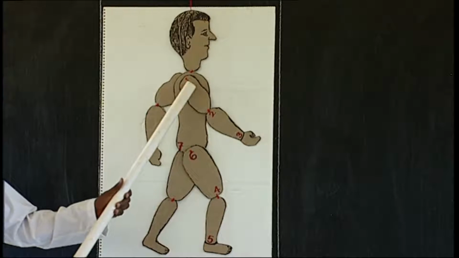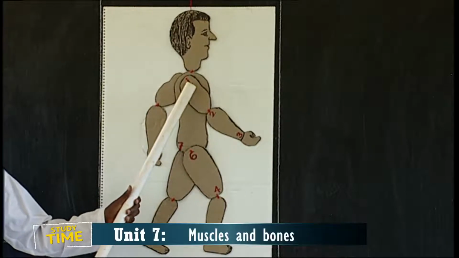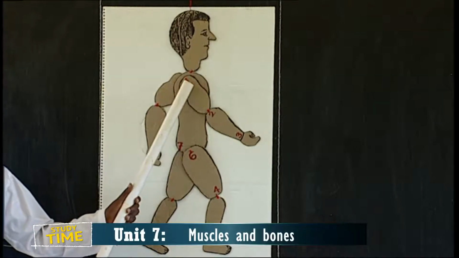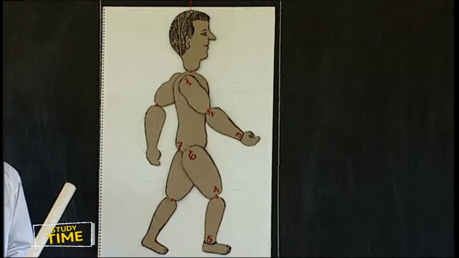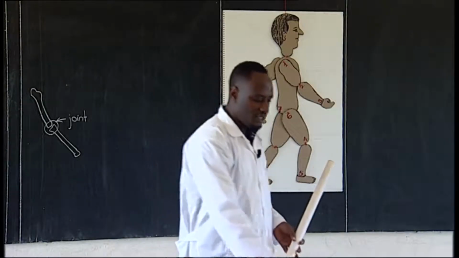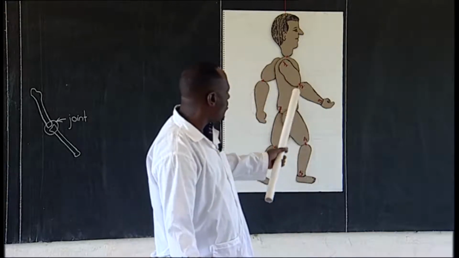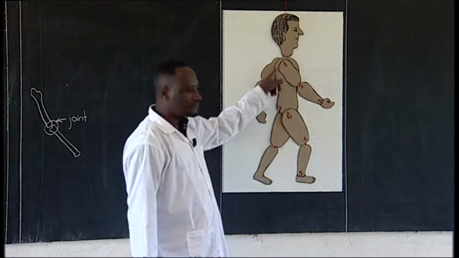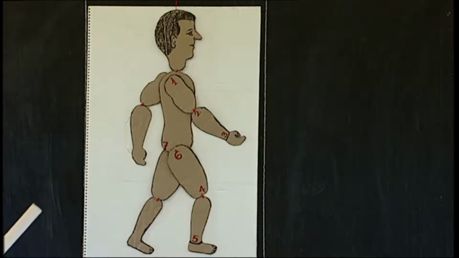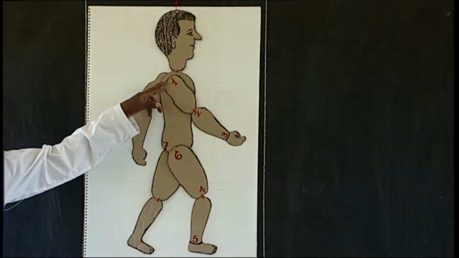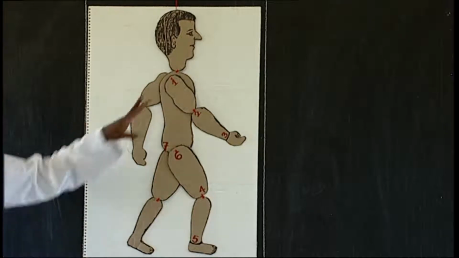The first joint here you see, I know all of you know this part of the body. Who can tell me the part of the body where we have one here? Yes. Yeah, this is the shoulder. That is the shoulder region.